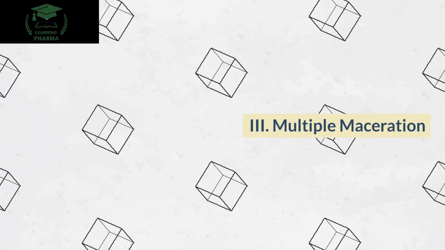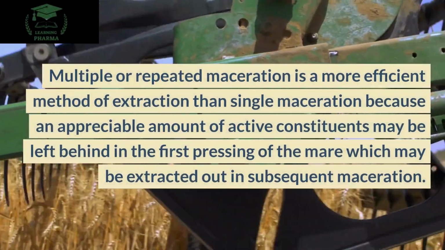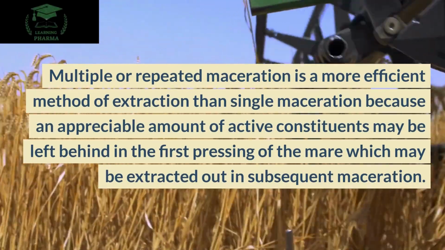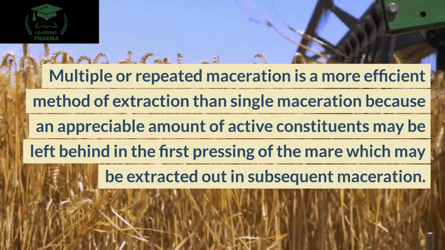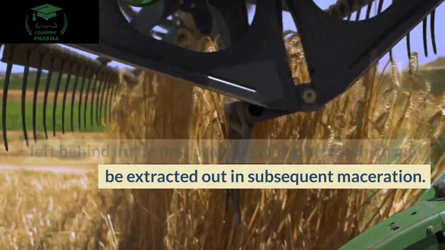3. Multiple maceration. Multiple or repeated maceration is a more efficient method of extraction than single maceration because an appreciable amount of active constituents may be left behind in the first pressing of the marc which may be extracted out in subsequent maceration.